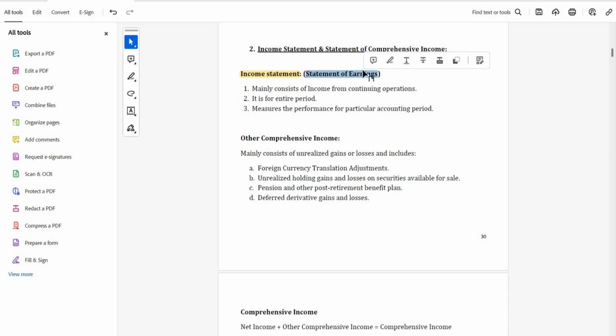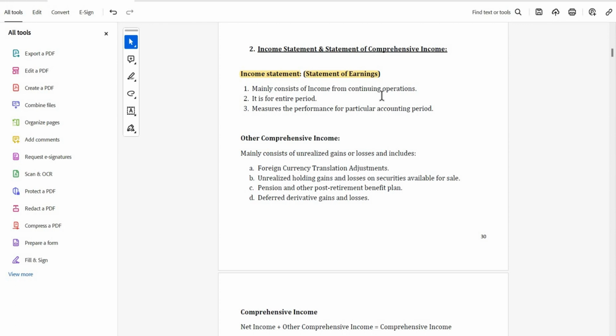The statement of earnings mainly consists of income from continuing operation and income from discontinuing operation. Income from continuing operation we show in the income statement, and we show income from discontinuing operation separately. We will study it later.